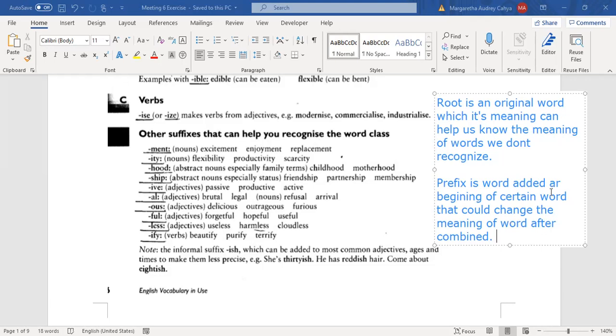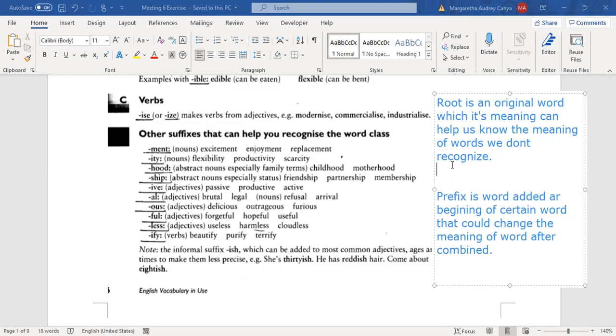That's why there are root words that do not make sense, even though you already know the meaning of that word. Like, for example, the root word port, meaning to carry.